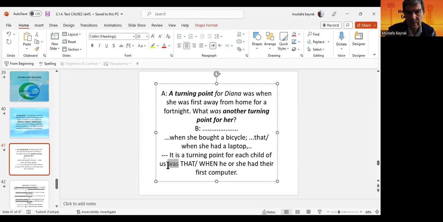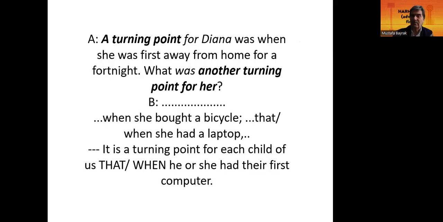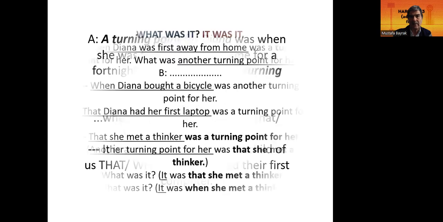It is a turning point for each child of us that he or she had their first bicycle, when he or she had his or her first bicycle, first computer. Yes. So having a computer is really a turning point, or maybe a turning point for each child.